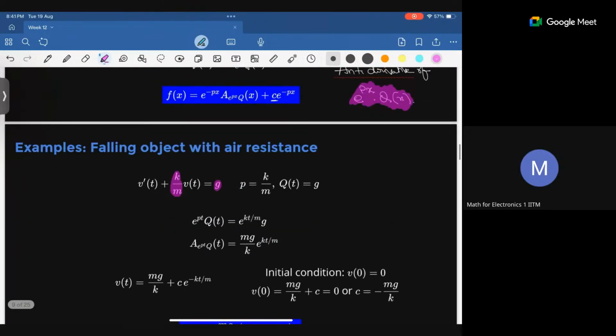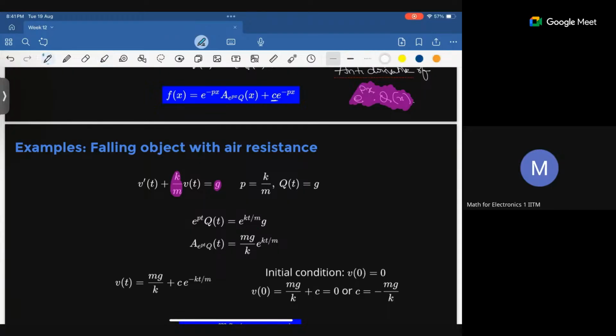So e power pt into q of t here will be e power k by m of t, and q of t is g, and we need the antiderivative of this.